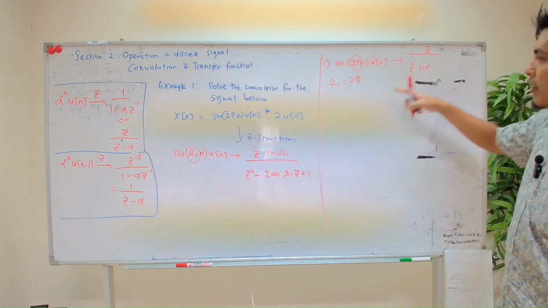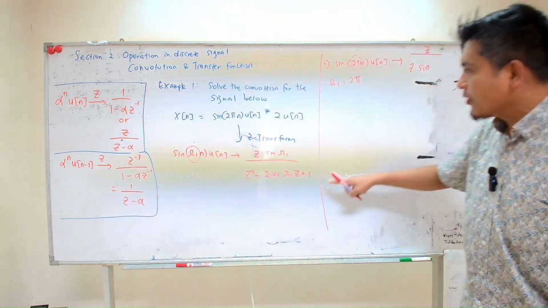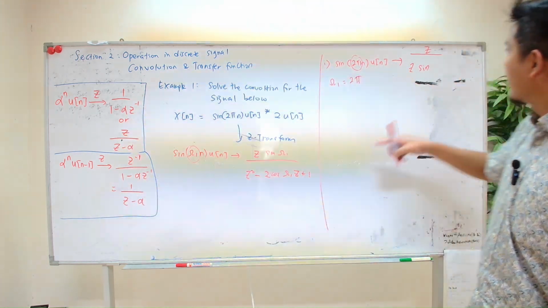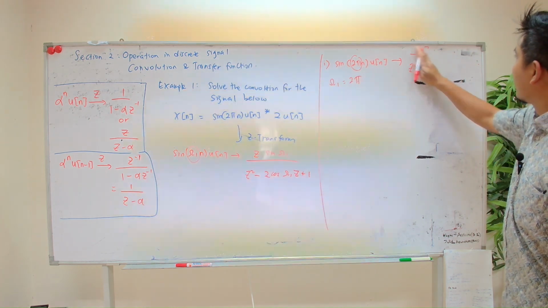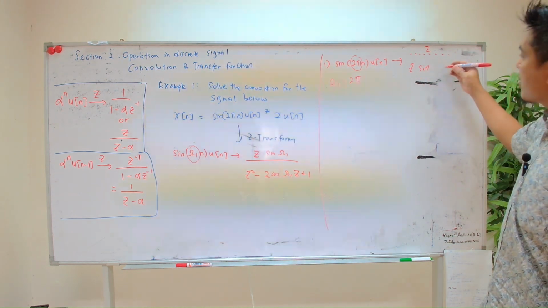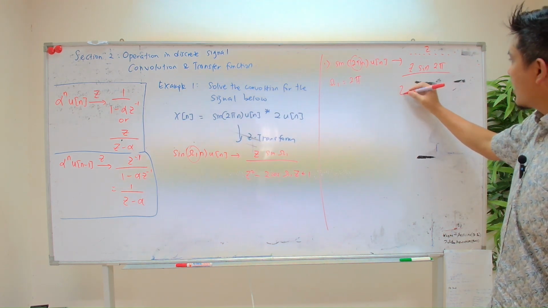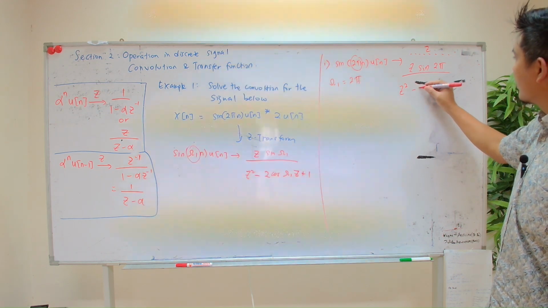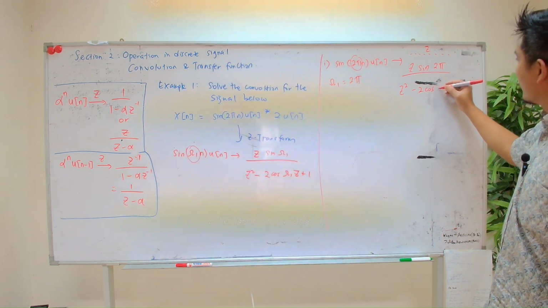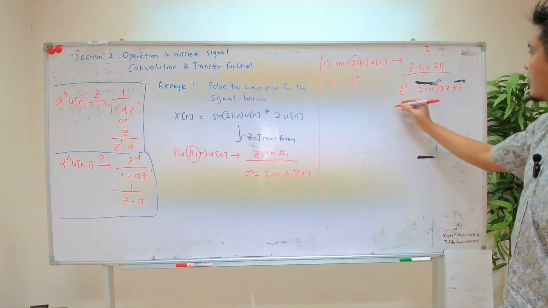So every omega in this information we need to replace with 2π. So you get z sin(2π) over z squared minus 2 cos(2π) z plus 1.